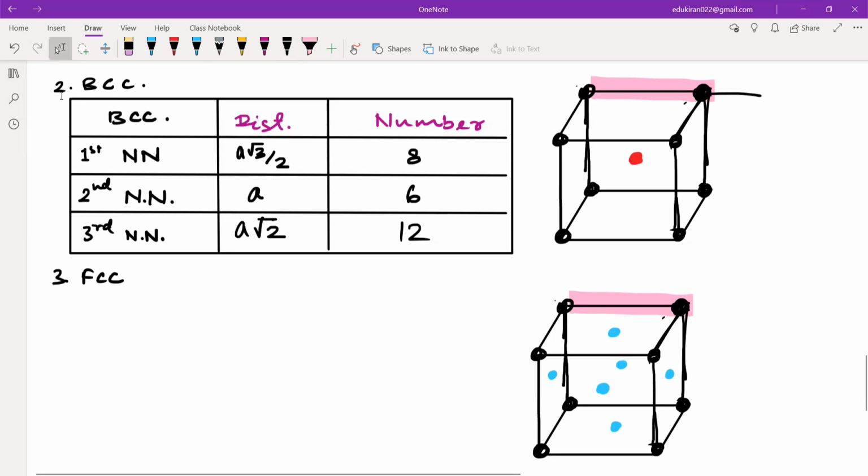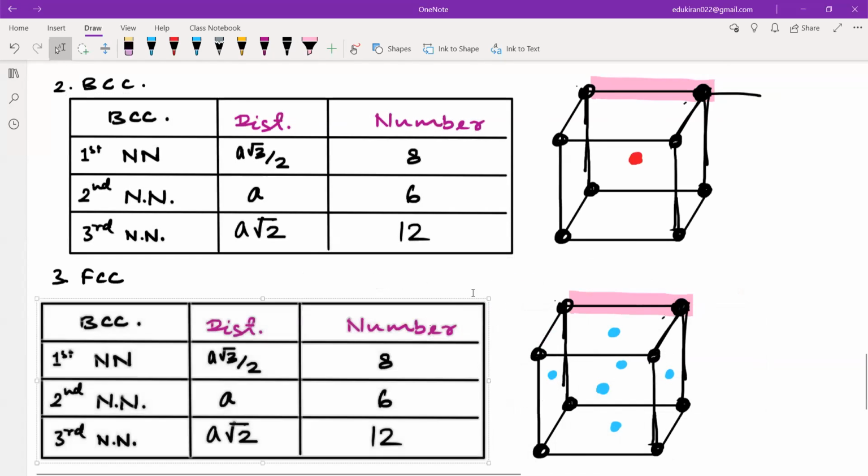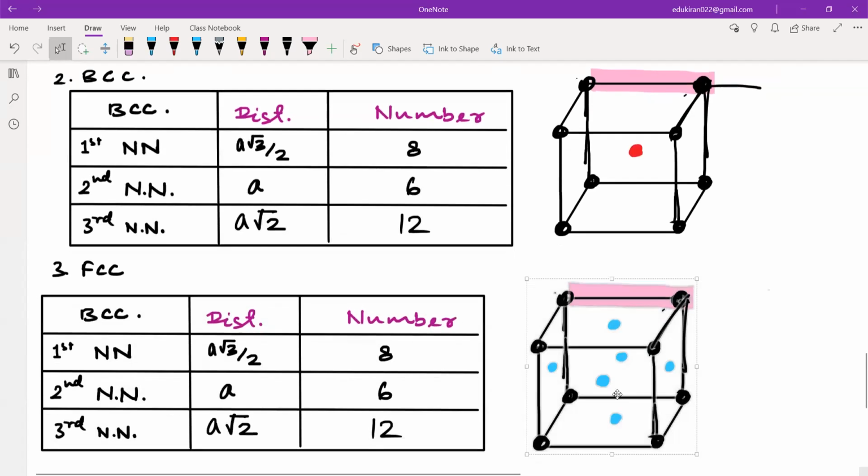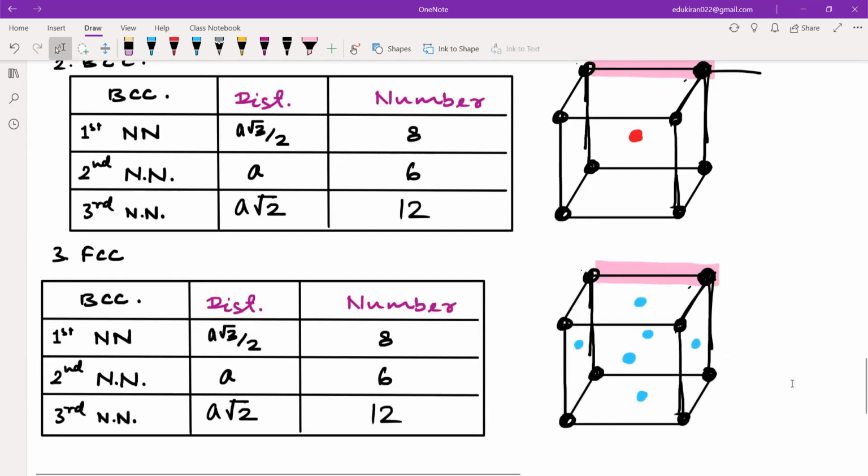Okay. So in FCC, the atoms that are touching each other, those are which atoms? Those are the atoms in the face diagonal. Yes or no?